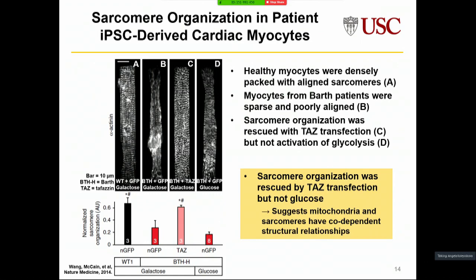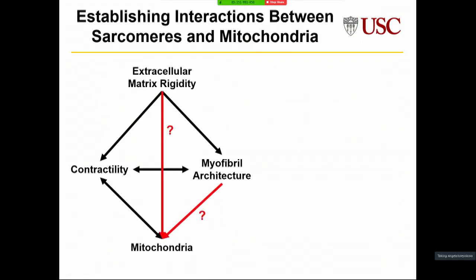All right, so I'm going to start speeding up a little bit. So in my own lab, this spurred our interest in interactions between mitochondria and sarcomeres. The Barth syndrome story is really due to a mutation causing an inherited cardiomyopathy. So what about the microenvironment, and how do changes in the microenvironment also affect metabolism that could potentially synergize or interact with mutations?